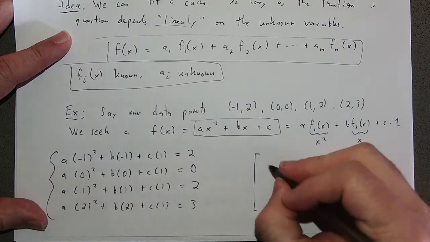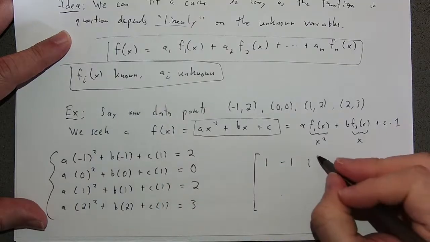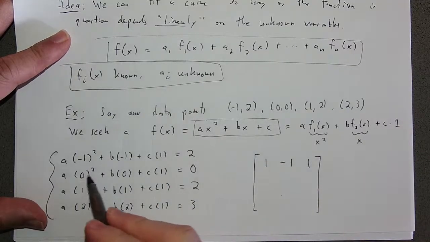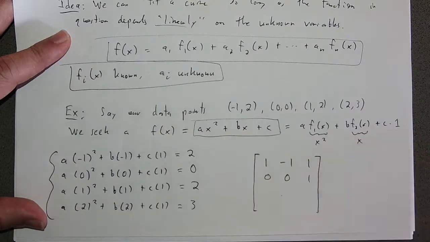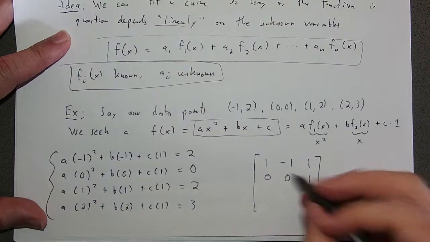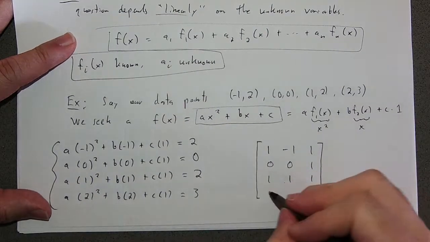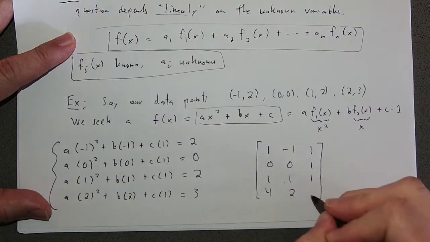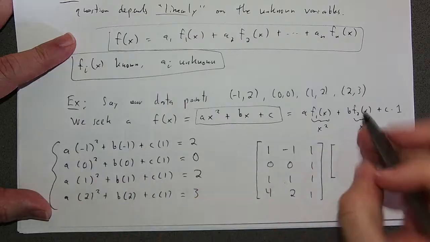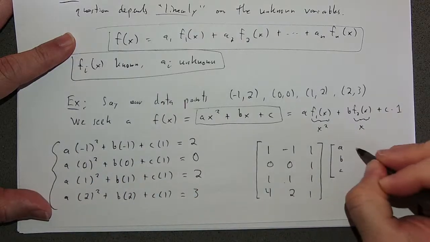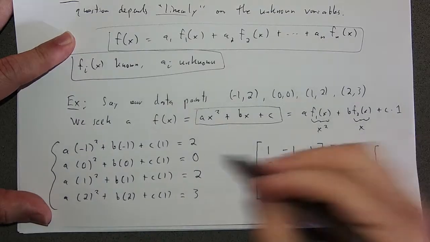So this would be 1, minus 1, 1. The next would be 0, 0, 1. The next would be 1 squared is 1, 1, 1. And lastly, 2 squared is 4, 2, 1, times the vector containing the unknown parameters a, b, and c. These are the coefficients of the polynomial. And that is equal to the vector containing the y values here, 2, 0, 2, 3.